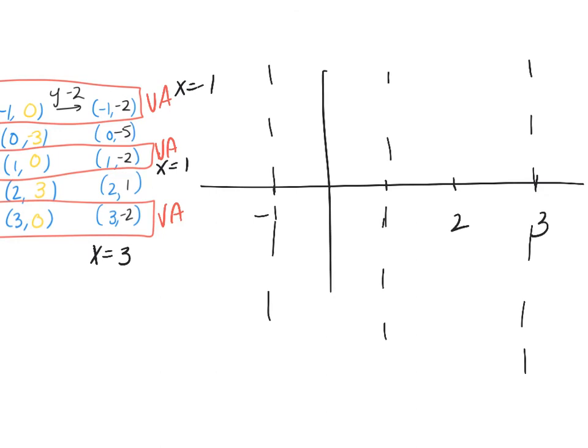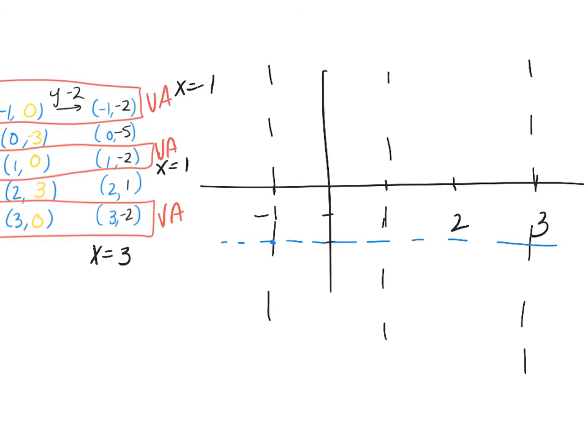Does that make sense? I'm going to draw the cosine or the sine wave so you can see where the sine wave would have been. The sine wave would have been moved down 2. So the sine wave would have been right here, moved down 2. The sine wave would have been reflected over the x-axis, moved down 2, and stretched. So my sine wave would have had these key points, which is -1, -2.